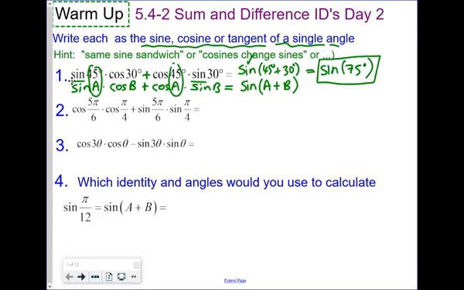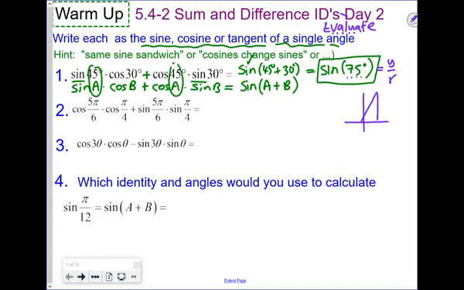Sometimes we ask a question that doesn't say just that. It might just say simplify. That's simplified. Sometimes we say evaluate. When we say evaluate, we want you to find the value. We want you to find the number. So you'd have to go on and find the sine, which is the y over r. So you'd need to draw a triangle. Well, 75 isn't one of our special angles, so you couldn't do it.